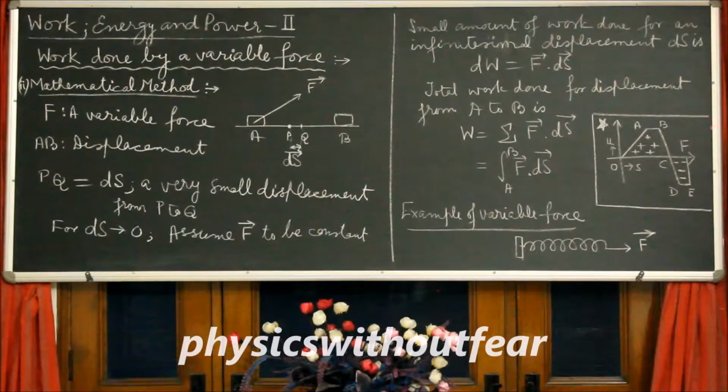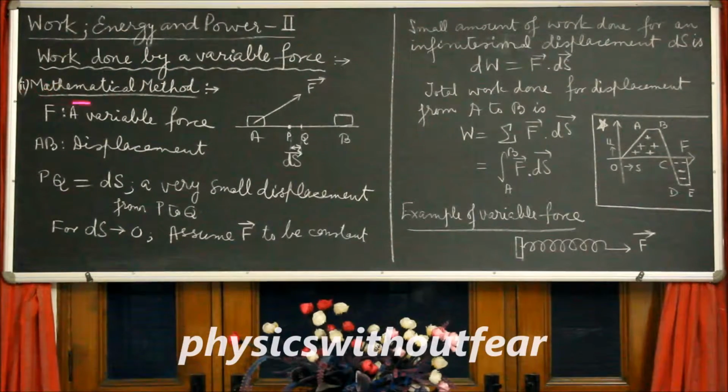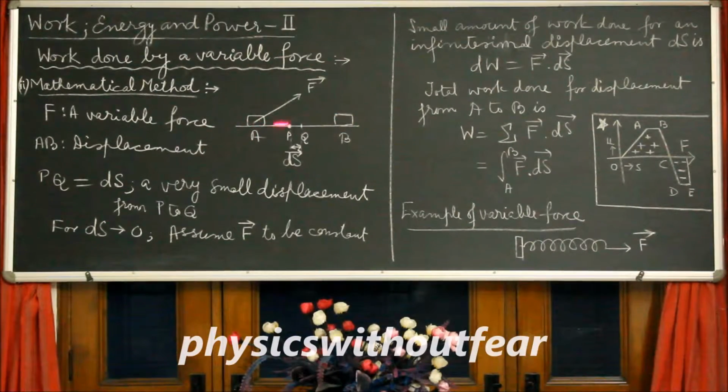Now moving on to the second method, that is, the mathematical method of calculating the work done by a variable force. Suppose we have an object at point A, subjected to a variable force F, which may change in magnitude and in direction, and it is moved from A to B, with AB representing the total displacement.